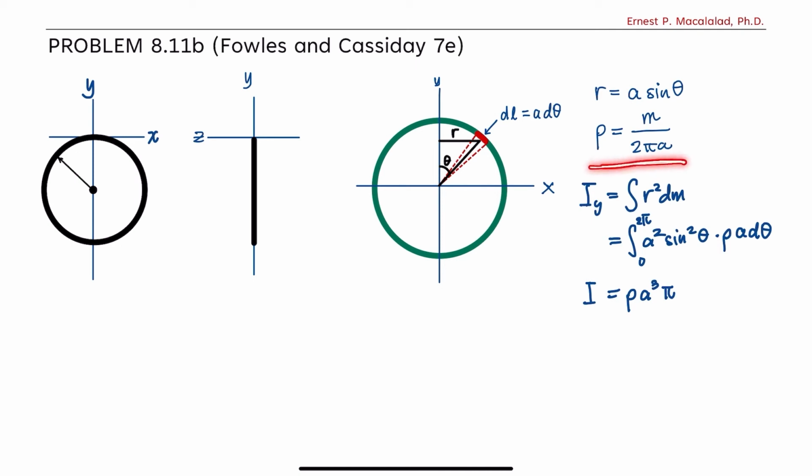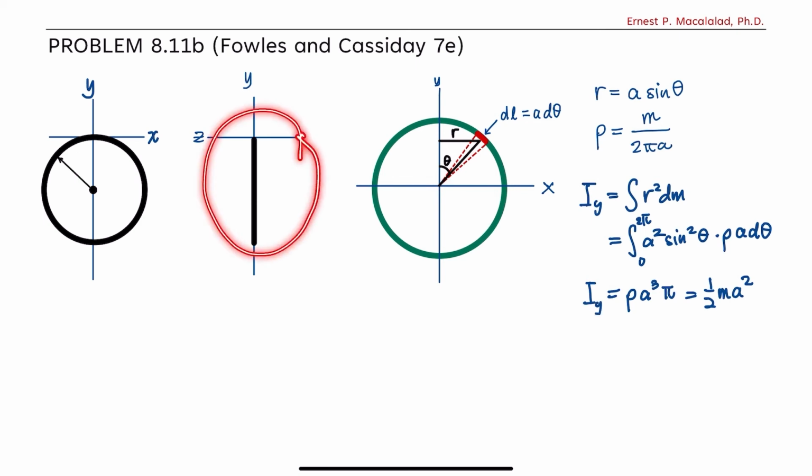Using the expression for the density, this is now equal to 1/2 ma squared, which is different from the moment of inertia of a circular loop about an axis passing through the center but perpendicular to the plane of the loop. This moment of inertia, Iy, can now be used to calculate the moment of inertia for our system.